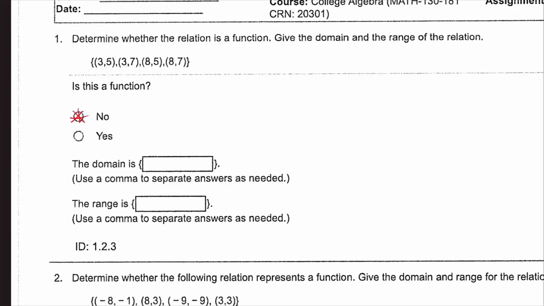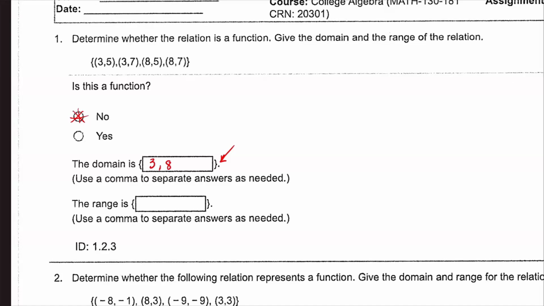The braces are given to you. So inside the braces, you have to place all the values that represent the domain separated by commas. So that would be a 3 and an 8. Notice I did not write 3, 3, 8, 8. You do not repeat values when you're putting them in a set like this.